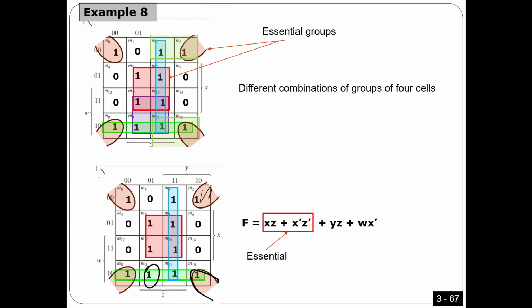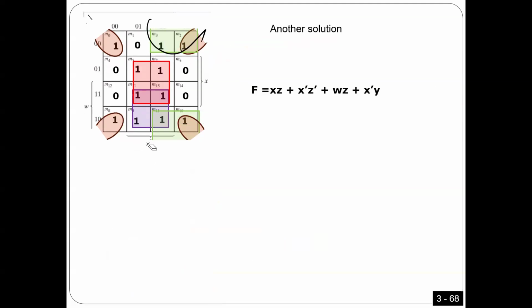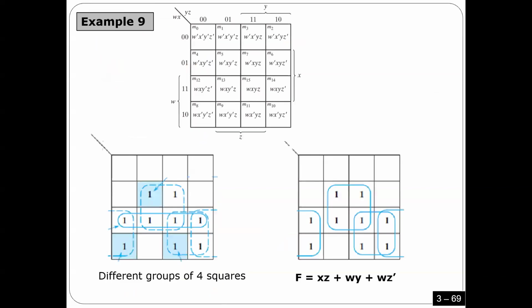I have another option. I can take this one with this 4 here. And that's what I did here. So to cover this one, I have two options. Either I take this 4 together, or I can take this 4 together. This is the same level of simplification. This is 4, this is 4. Okay. Anyway, let's have more examples.